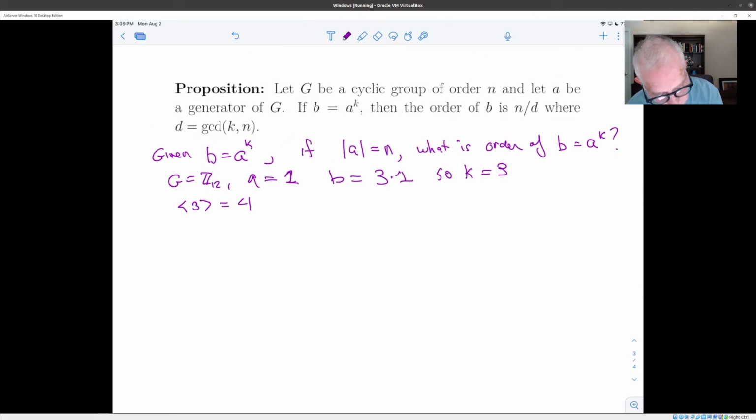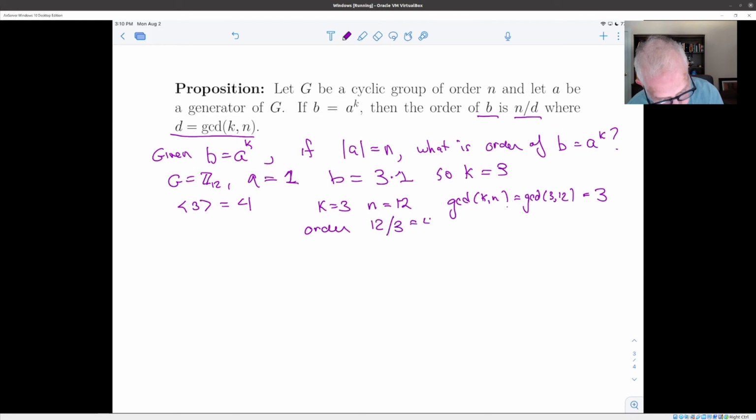It says that the order of B should be n over d, where d is the greatest common divisor of k and n. So in this example here, k is 3, n is 12. The GCD of 3 and 12 is 3. And so the order is supposed to be 12 over 3, which is 4, which checks out.